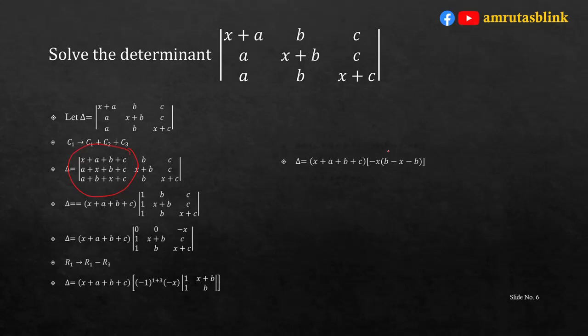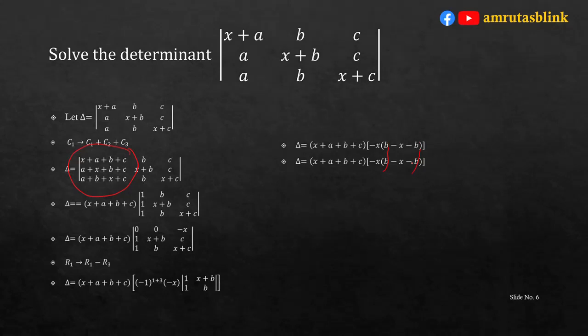That is, delta is equal to x + a + b + c into, now (-1)^(1+3) is plus, so -x as it is. Now, b into 1 is b and -1 into (x + b) is -x - b. Now, this +b and -b will get cancelled.